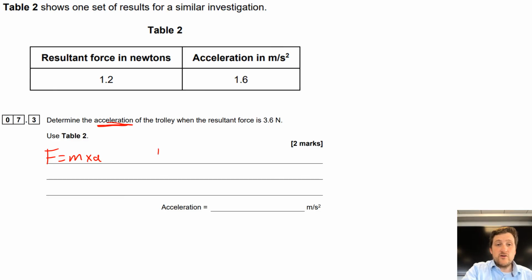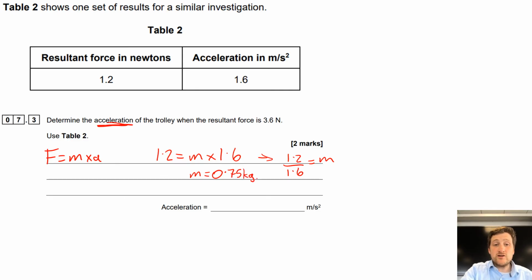So we can say 1.2 equals, now we don't have the mass, so we need to work that out, mass times 1.6, and then we're going to rearrange to solve for mass. So we're going to do 1.2 divided by 1.6 equals mass. So for this half of our question, the mass is 0.75 kilograms.